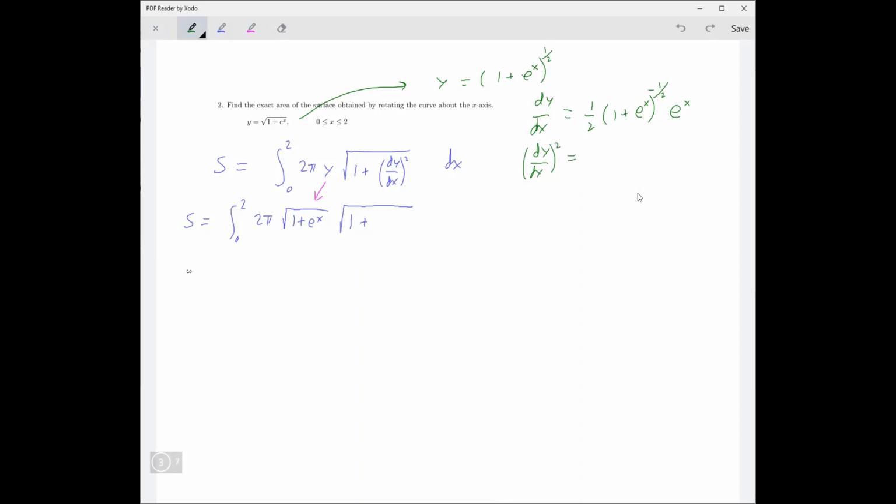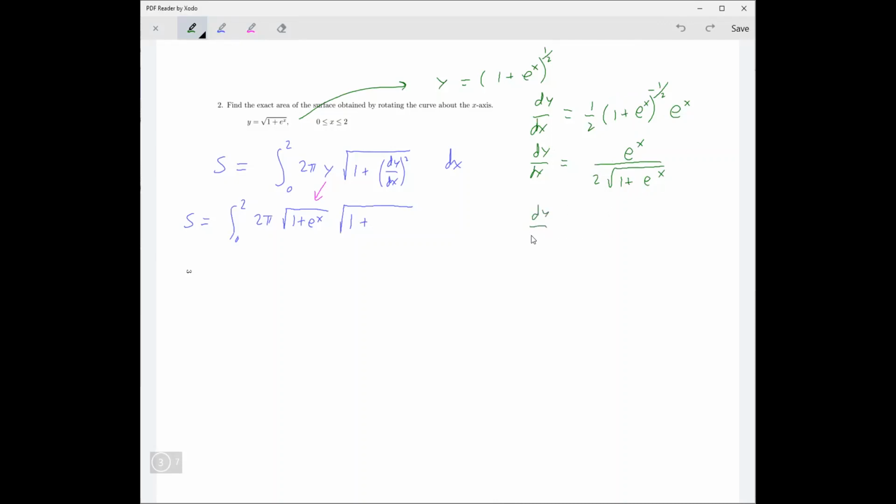squared is going to be, well, let me do one more step before I do that. This is going to be e to the x over 2 times the square root of 1 plus e to the x.